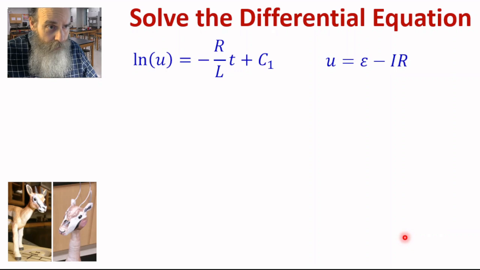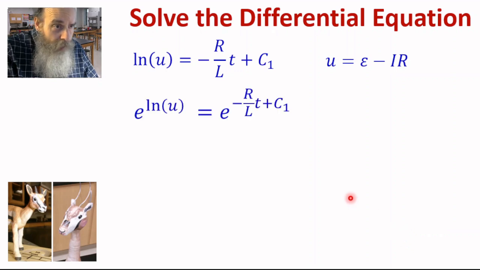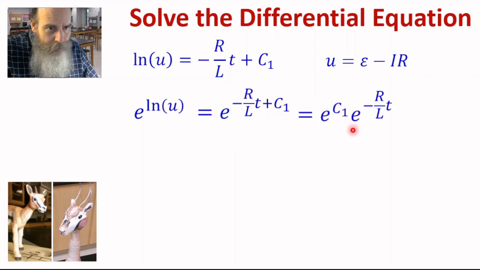Let's continue. We don't want ln u, we want u by itself. So let's raise e to both sides. E to the ln u equals e to the negative R over L t plus C1. I can rewrite this exponential into two factors, like this: e to the C1 times e to the negative R over L t.